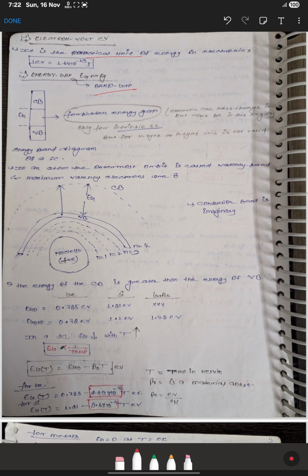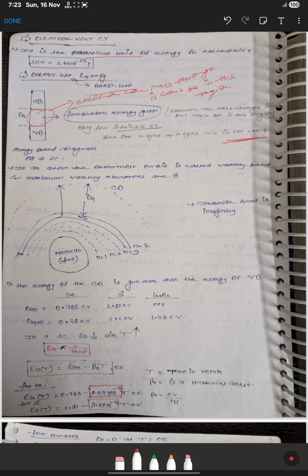Electron can pass through it, but can't stay in this region. So this is the forbidden energy band only for intrinsic semiconductor, but for n-type and p-type this is not valid.